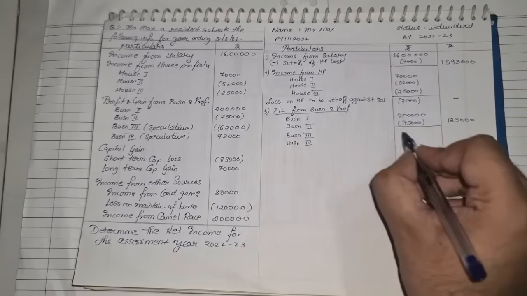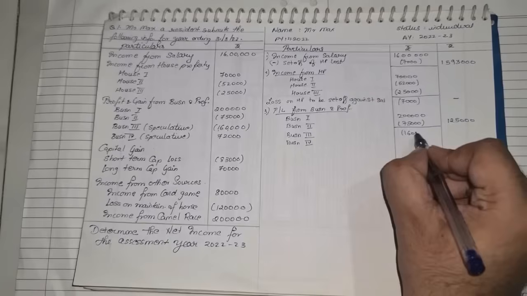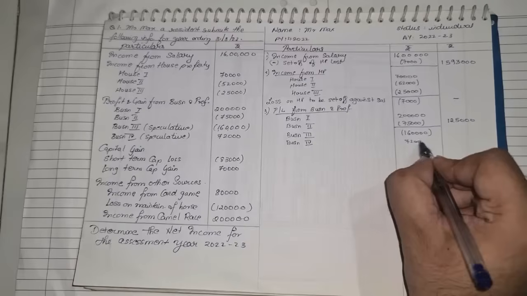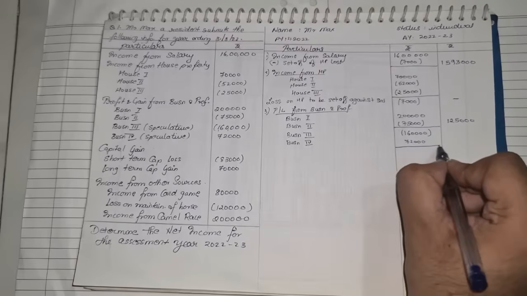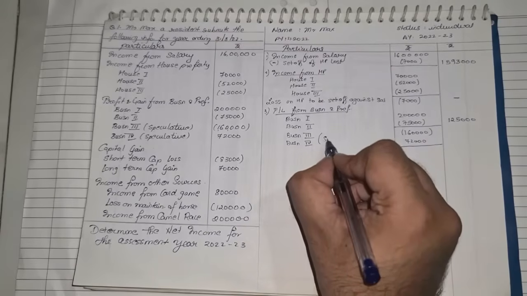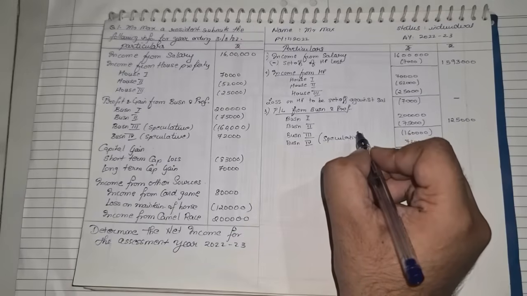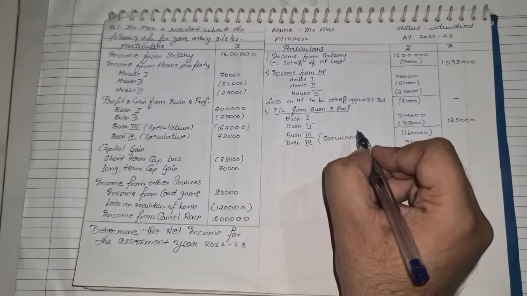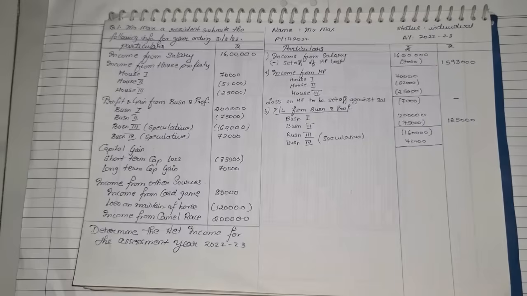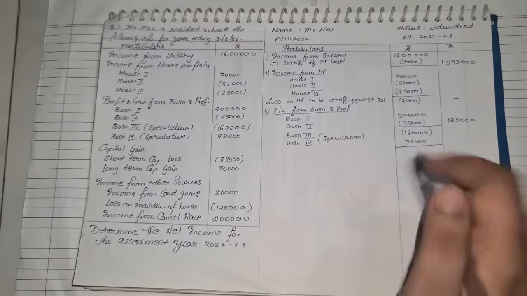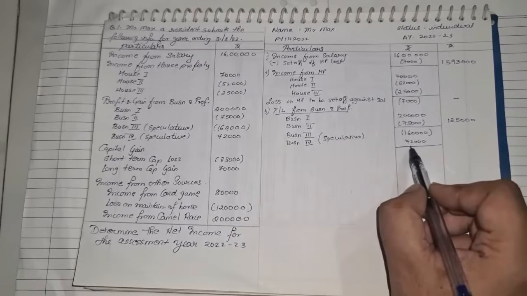So business 3 and 4, we have negative 1,60,000 and positive 72,000. Now these are both speculative. Okay, now for speculative, the rule was that whatever is the loss on speculative, it can only be set off against the profit of the speculative business itself.